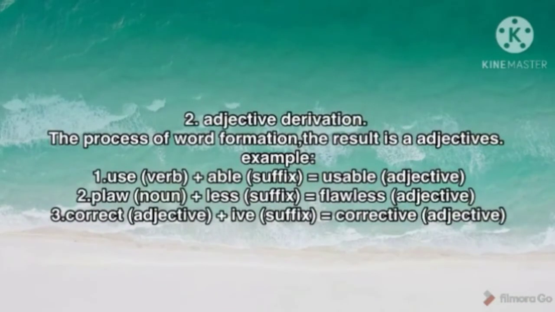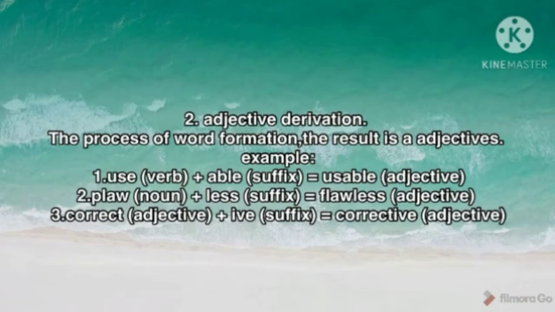Okay, the next type is adjective derivation. What is adjective derivation? Adjective derivation is the process of forming words from which the result is an adjective. The stem used in adjective derivation is a verb, noun, or it can also come from an adjective. For example, the first word is use plus able equals usable. Here, use is a verb and able is a suffix. This process will generate an adjective, usable.